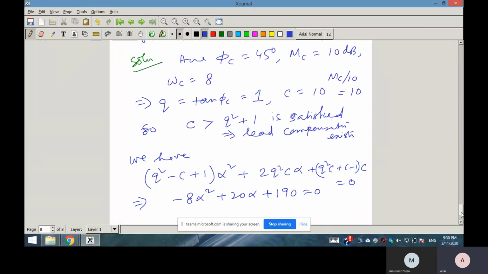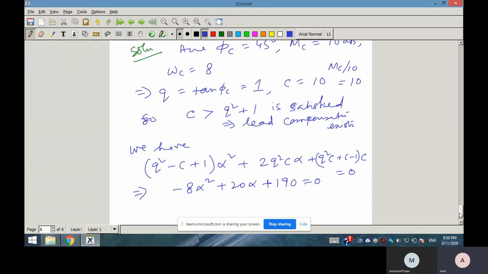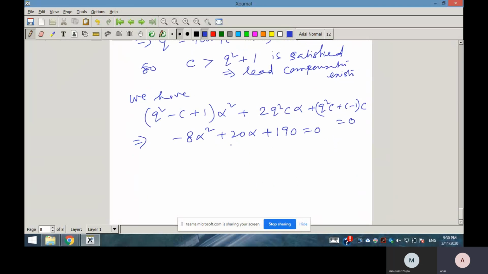Please check it. A valid solution of alpha is positive. It will have two solutions, one positive, one negative. Negative you will not consider, so the positive solution gives alpha equal to 6.2812. Please check it.